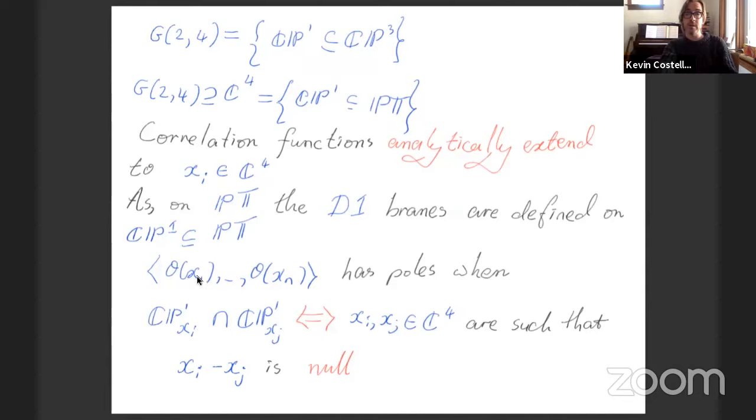So we conclude the correlation functions are meromorphic functions on copies of C4 with poles on the locus where two points differ by a null vector. That seems to be quite a strong constraint to me, and hopefully would allow one to get your hands on them.